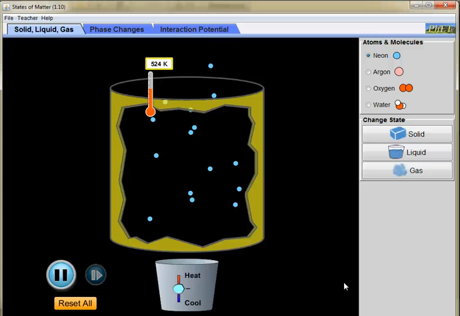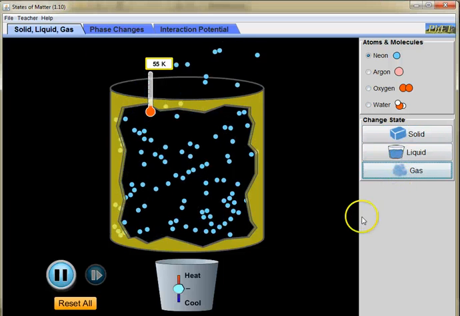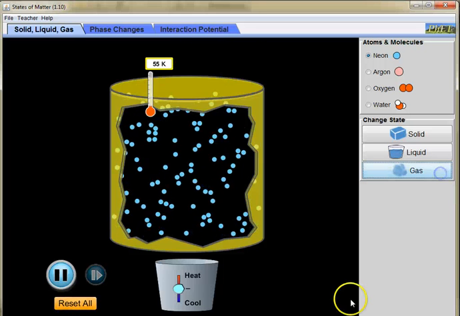Yes, so can we say that temperature, pressure, motion of the particles, all these are related? Let's start with the reset and gas phase.